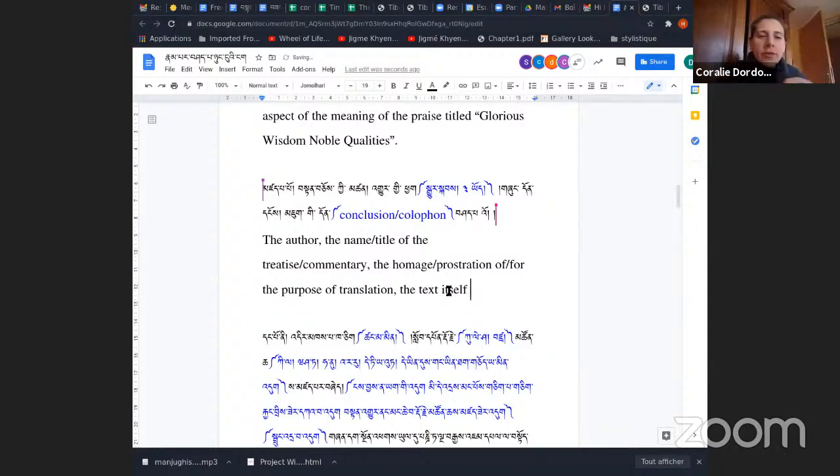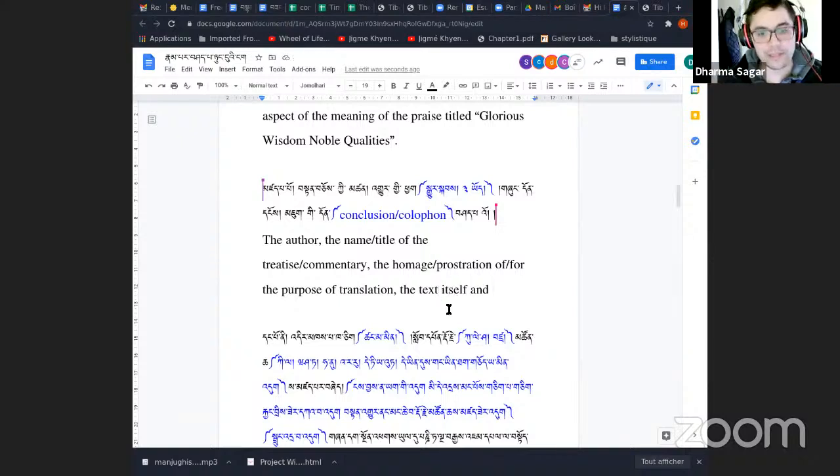Is it okay for you if we talk about root text? It's already interpretation. The root text, that's actually what it is, but it doesn't say root text. Usually root texts are in verses, and this root text isn't actually in verses, so it would be okay.